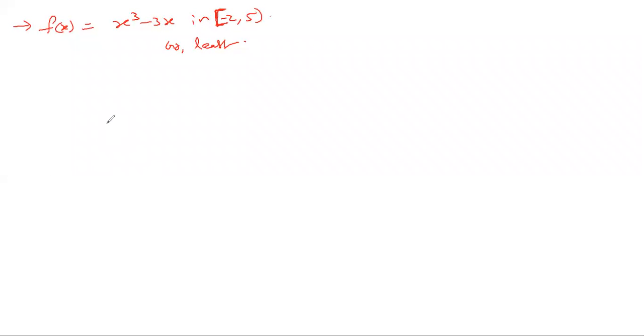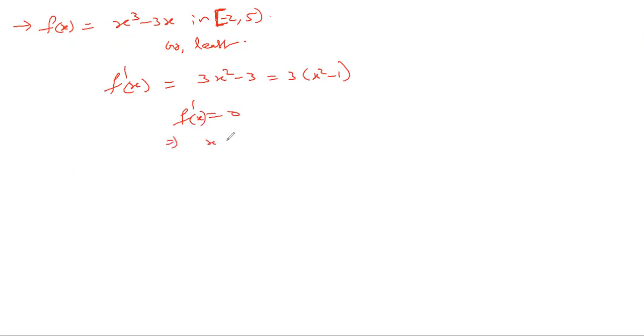First, let us focus on points of local minima and local maxima. For that, let us take f dash of x. It will be 3x square minus 3, means 3 times x square minus 1. Make this equal to 0.